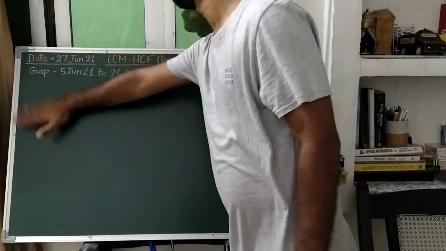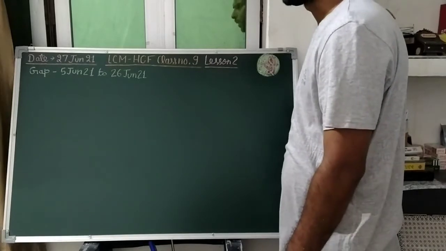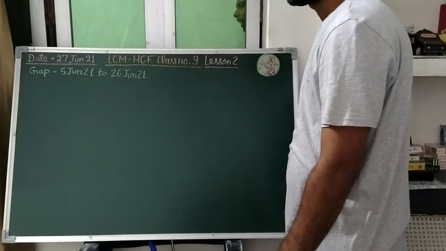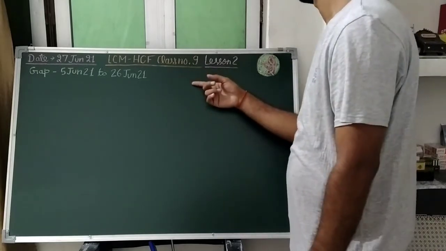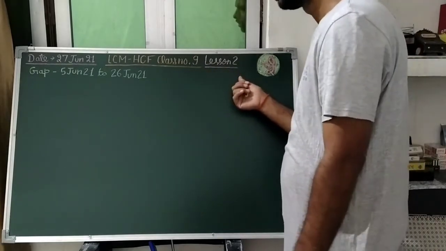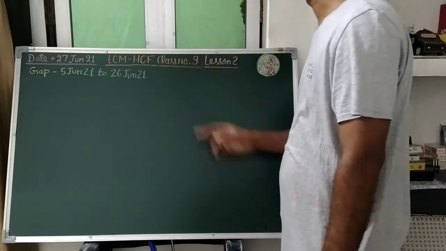Welcome back, students. Today's date is 27 June 2021, and we are studying LCM and HCF in lesson number 2, and today we shall start class number 9 of this lesson.